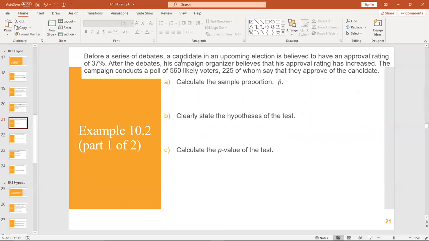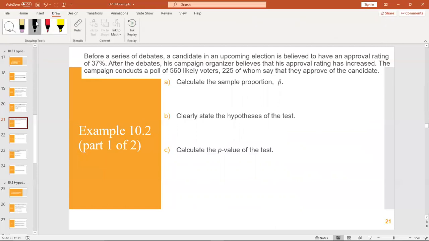Before a series of debates, a candidate in an upcoming election is believed to have an approval rating of 37%. After the debates, his campaign organizer believes his approval rating has increased. The campaign conducts a poll of 560 likely voters. 225 of them say they approve of the candidate. So calculate the sample proportion P hat.